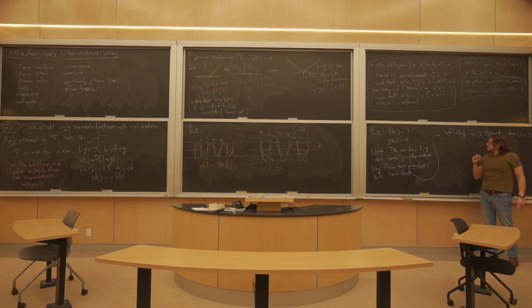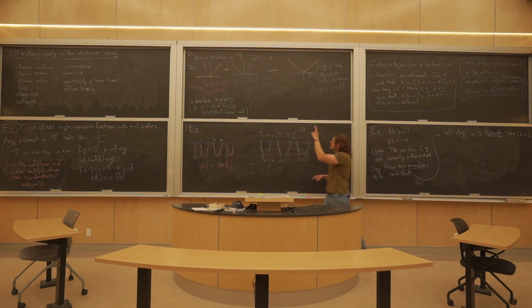Now, how to use this? First of all, this is a vector, this is a vector, this is a number, this is a number. I scale multiply, and then I vector add. So the end result of this is a vector. I'm writing here 0, but I really mean the 0 function, the 0 vector inside my space.